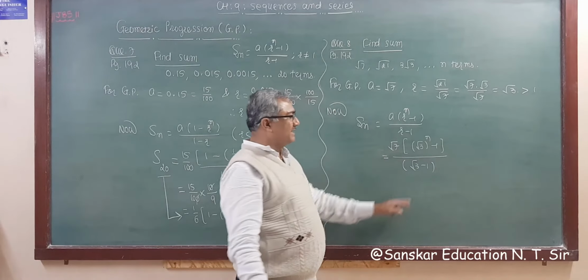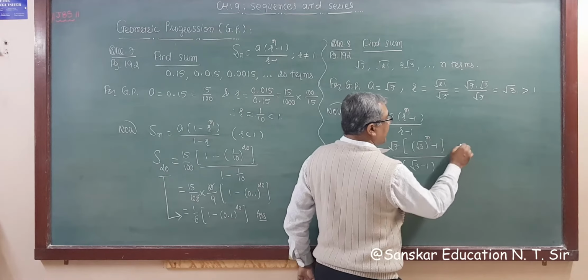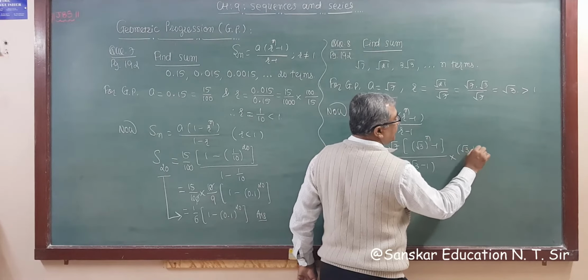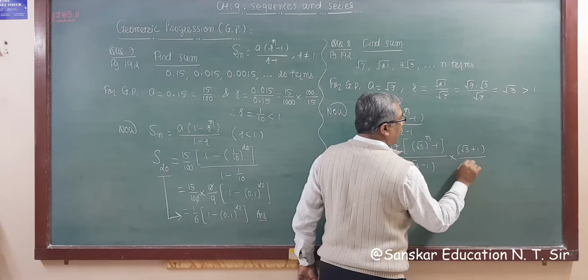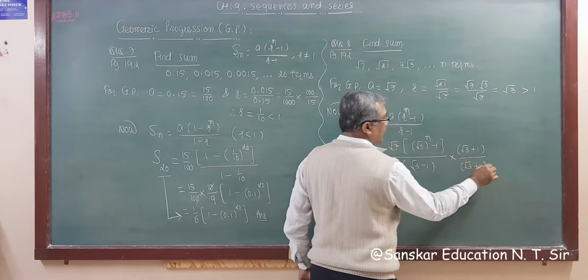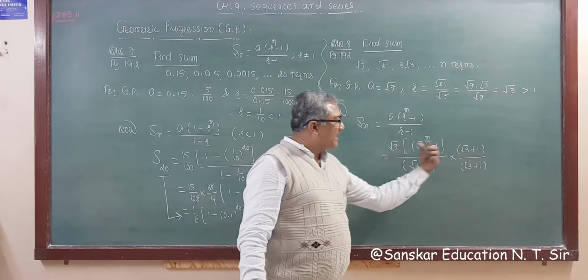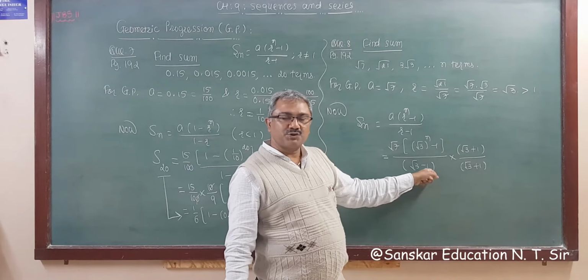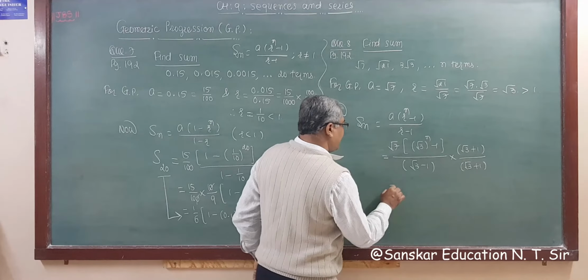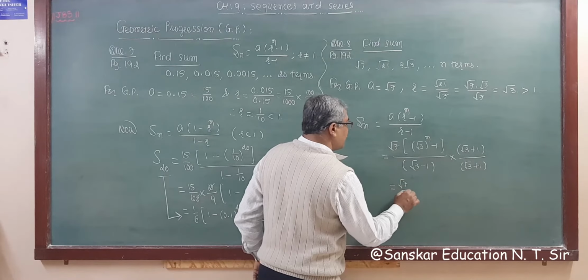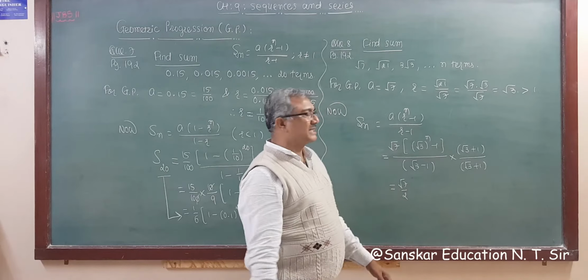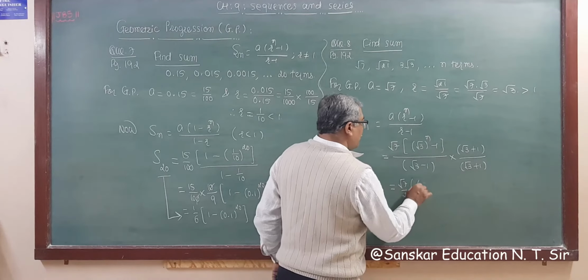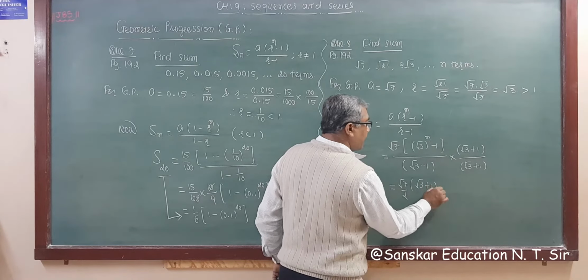So rationalizing this, we have to multiply and divide by root 3 plus 1. So this is (a - b)(a + b), a square is 3, minus b square is 1. So 3 minus 1 is 2. So we get root 7 by 2, root 7 by 2 into root 3 plus 1.